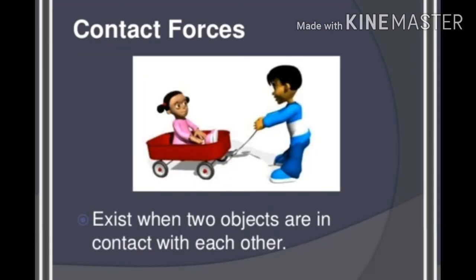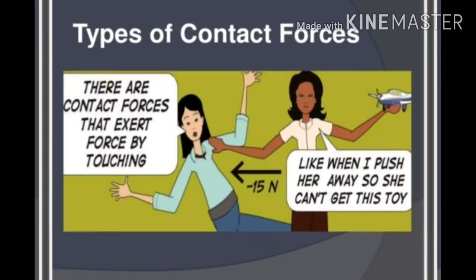Contact forces. Contact forces means the two objects are in contact with each other. For this type of force, the object which is exerting force and the object on which the force is exerted must be in contact with each other. Types of contact forces.